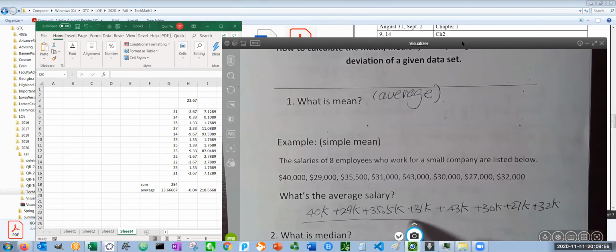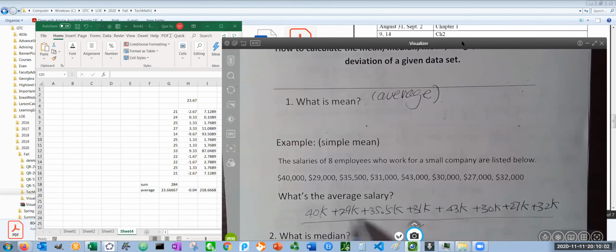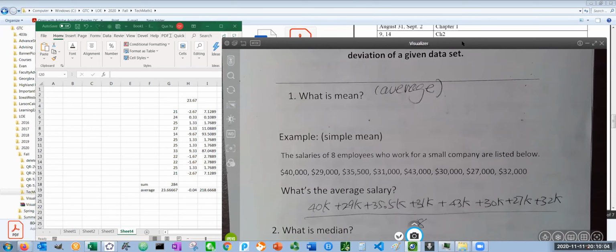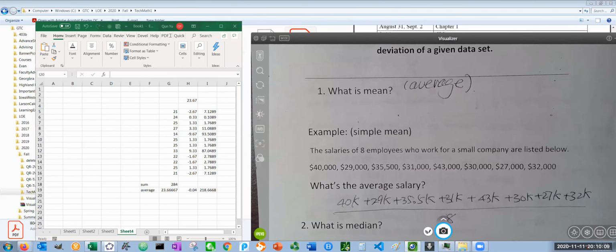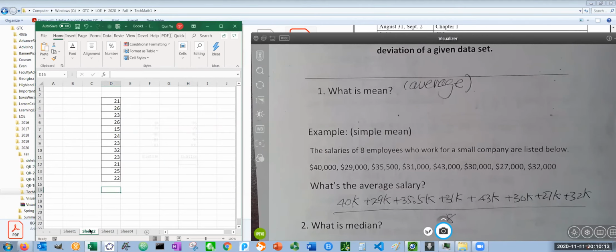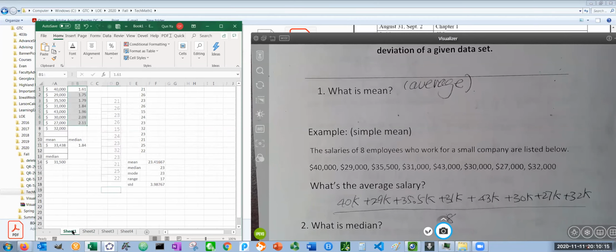Then we divide by 8. Everybody can do this very simple addition and division. Now, I'm going to show you how to do it using Excel if you're interested, because Excel is very efficient for basic calculations.